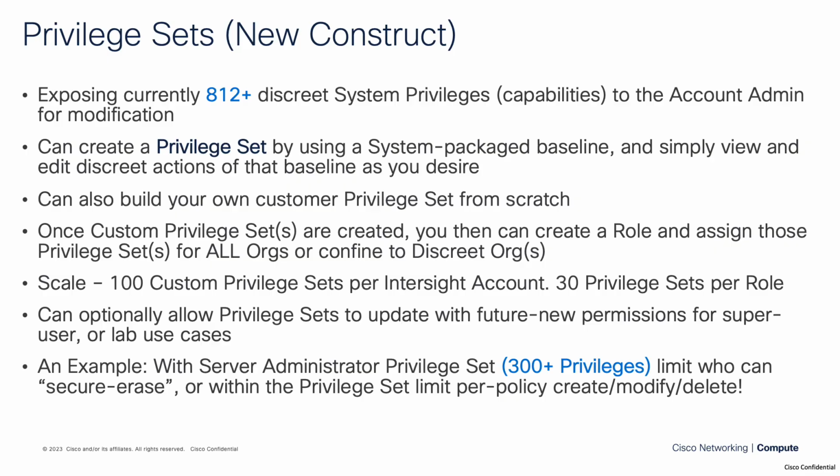That's the maximum, 100. And for a given role, you could add up to 30 privilege sets. That's probably extreme, but case in point, you might create a bunch of privilege sets with certain limited capabilities, very few capabilities per privilege set, and then add multiples of those to a given role.